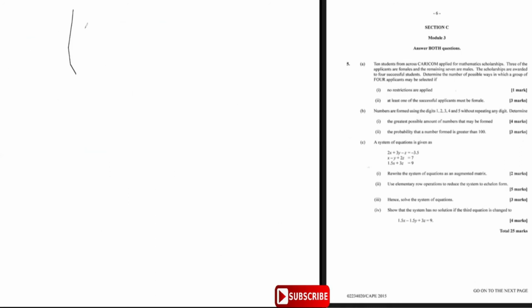So then the whole matrix would just become 2, 3, minus 1, 1, minus 1, 2, 1.5, minus 1.5, 3, augment, minus 3.5, minus 3.5, and 9.